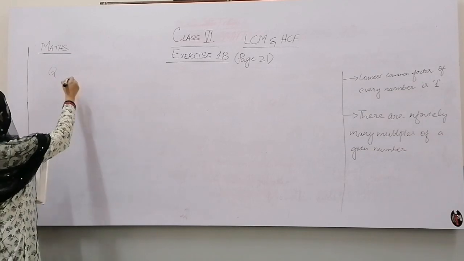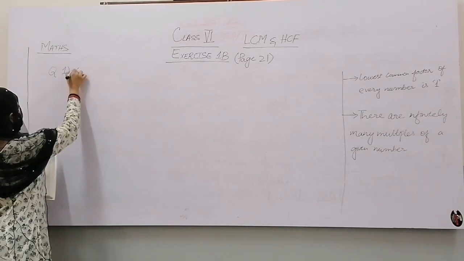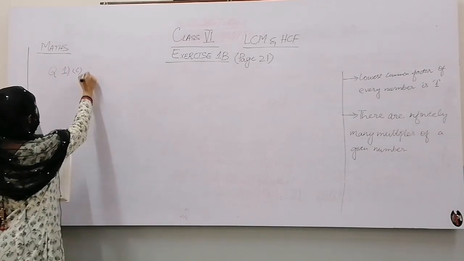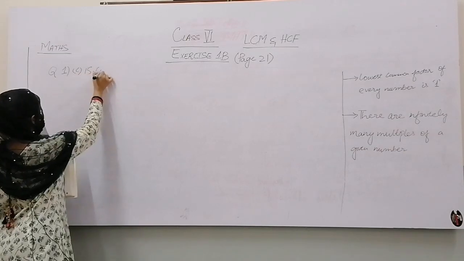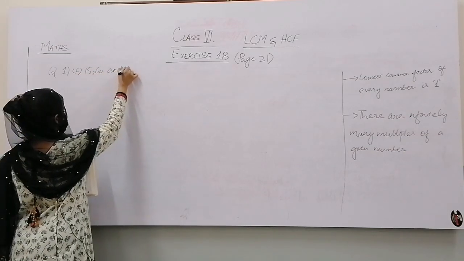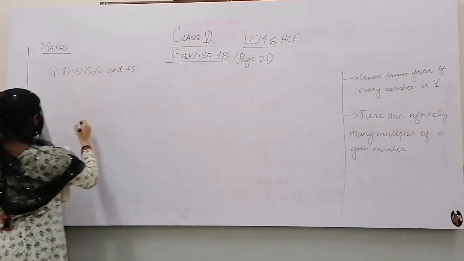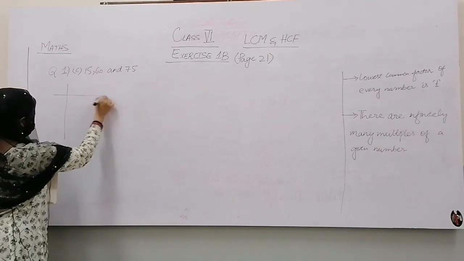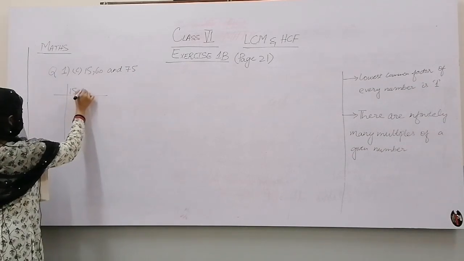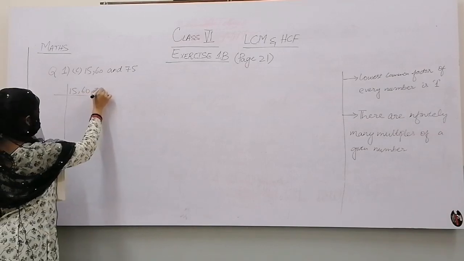Question number 1, I'll do part C. 15, 60 and 75. Make a table. 15, 60 and 75.